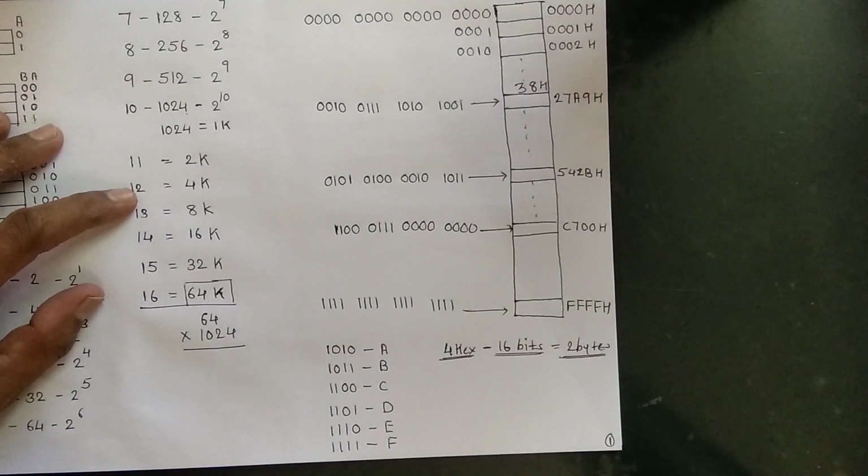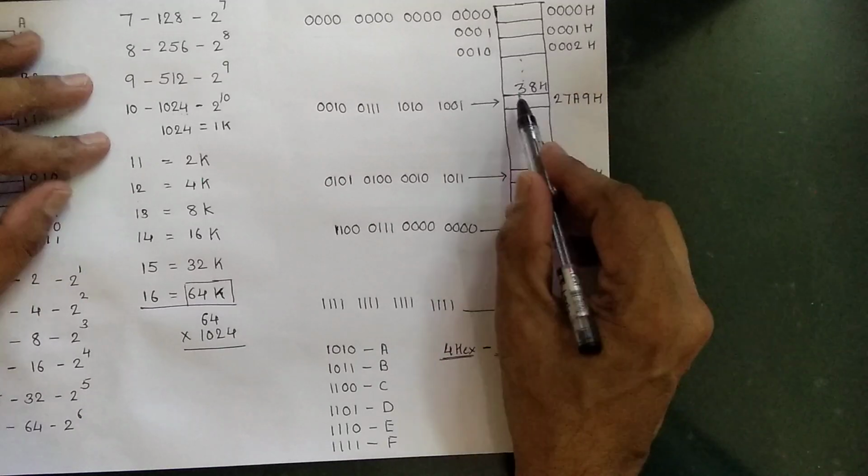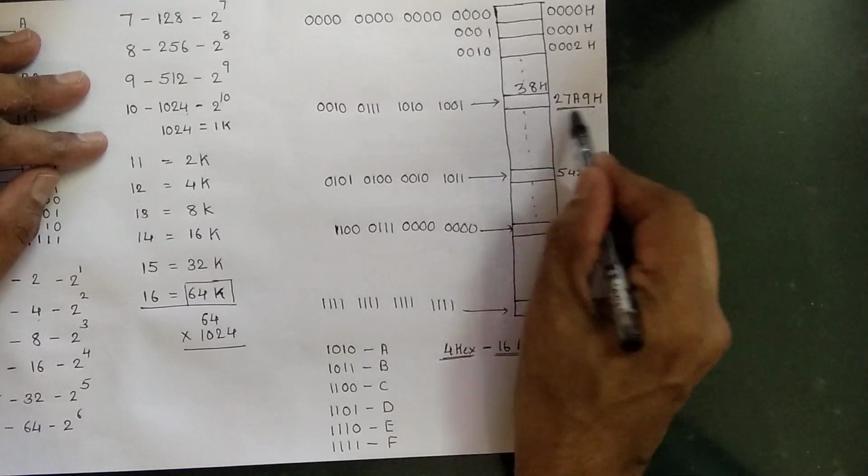The number is represented in hexadecimal form, but actually the number in that memory location is stored in binary form. It is very important. The number we represent in hexadecimal form is actually stored in binary form in that memory location.